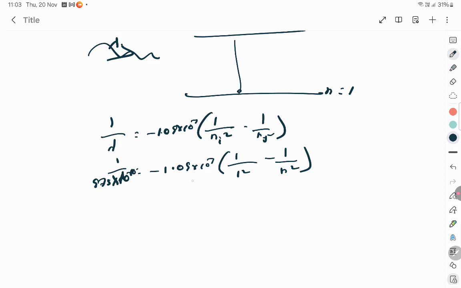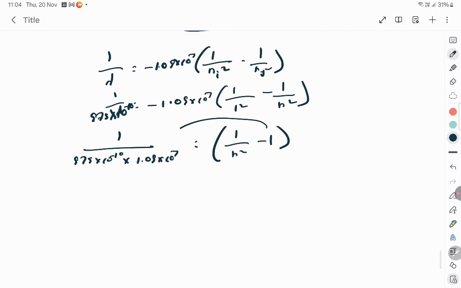Okay. So if I do that, let's see. This is going to come down. So it will be 1 by 975 into 10 to the power minus 10 into 1.09 into 10 to the power 7. This negative sign can go in, correct? And I'll get 1 by n square minus 1. I can bring the 1 that side. So I can multiply these two.